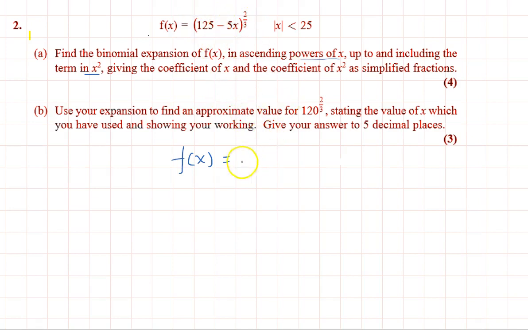So we can take 125 common. So it is 125 to the power 2 over 3, and the remaining is 1 minus, this is 5 over 125, so x over 25, to the power 2 over 3.